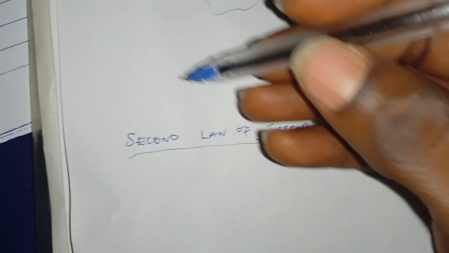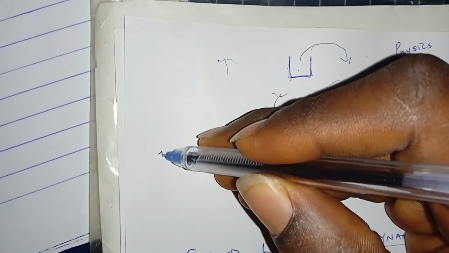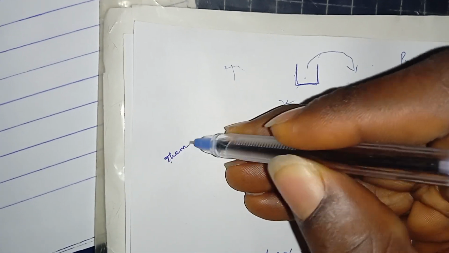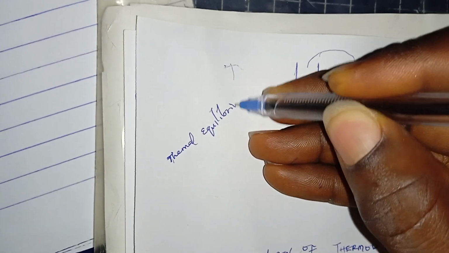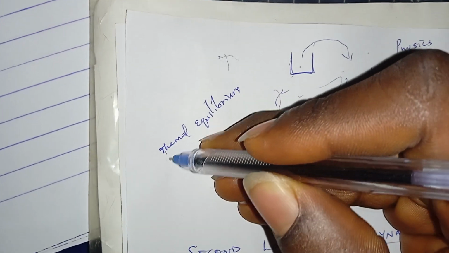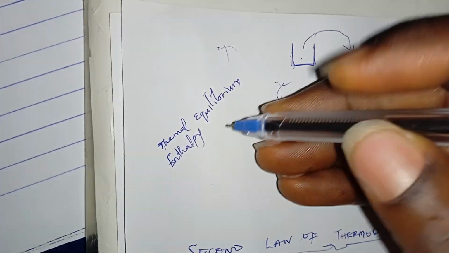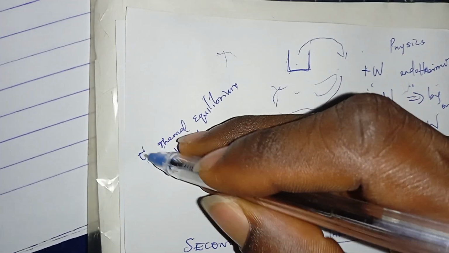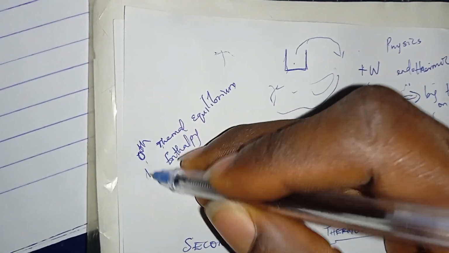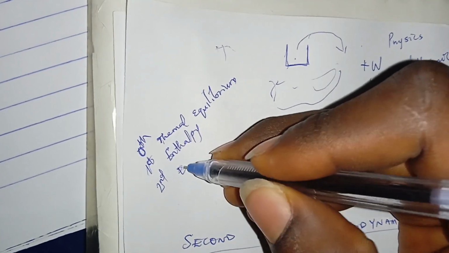So you need to understand that the zeroth law talks about thermal equilibrium. The first law talks about enthalpy. The second law talks about entropy.